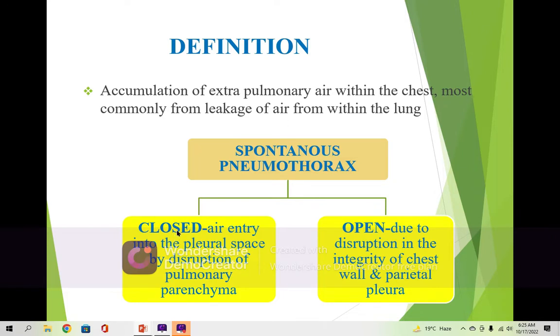The closed type of pneumothorax is air entry into the pleural space by disruption of the pulmonary parenchyma, which is adherent to the visceral pleura. So it makes a hole in this, and then air enters the pleural space. These are the closed type and the open type, and the third one is also there.